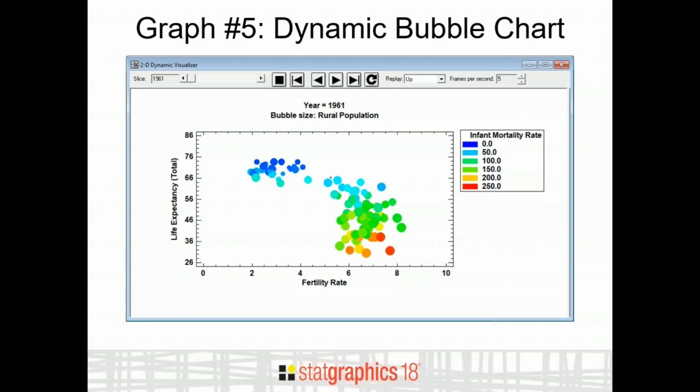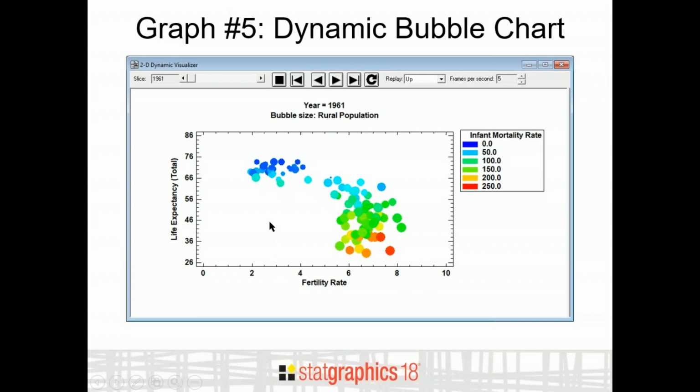Now, what you see in 1961 is that there were basically two groups of countries. There were countries up here, mostly in Europe and North America, the more developed countries, where life expectancy was in the neighborhood of 70 years.